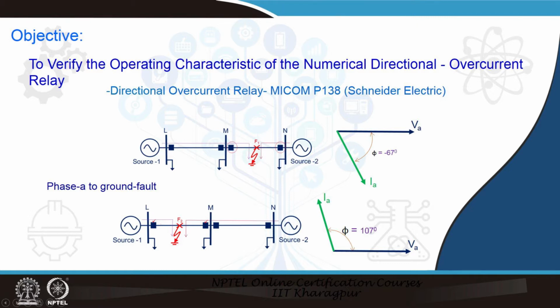We know also that there are different principles to obtain the required characteristics of the relay, that is, whether the fault is forward or reverse. In that perspective, we have positive sequence, phase based, negative sequence, zero sequence based and all these things, which we have already learned in our theory.